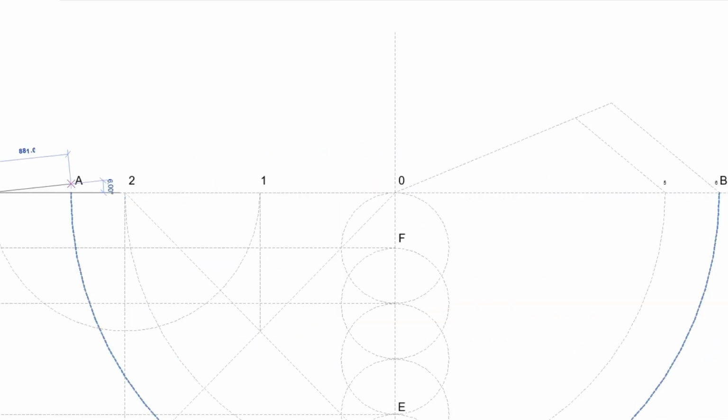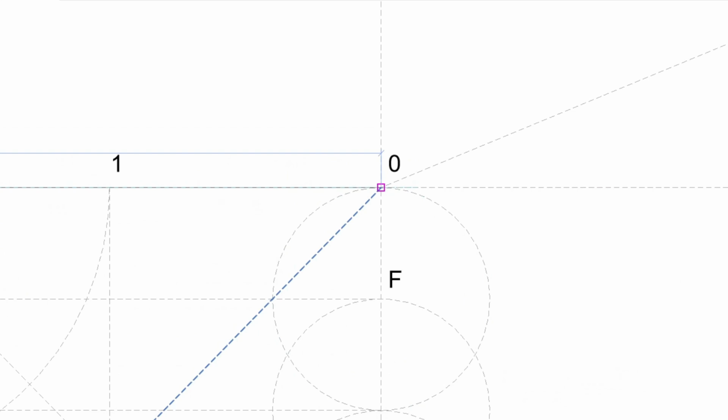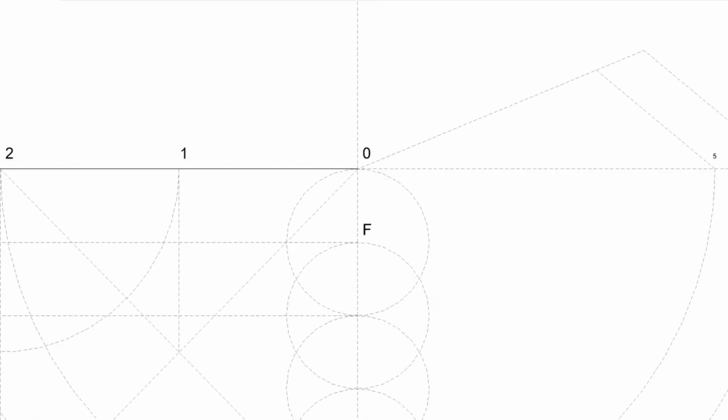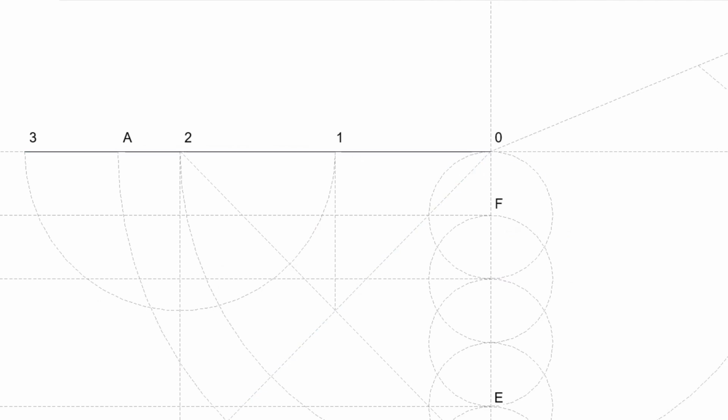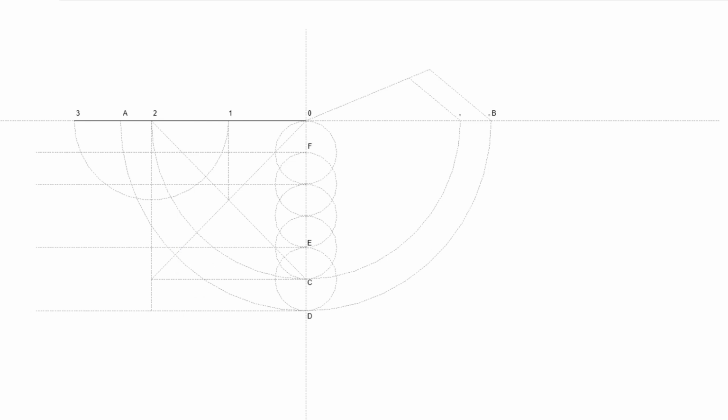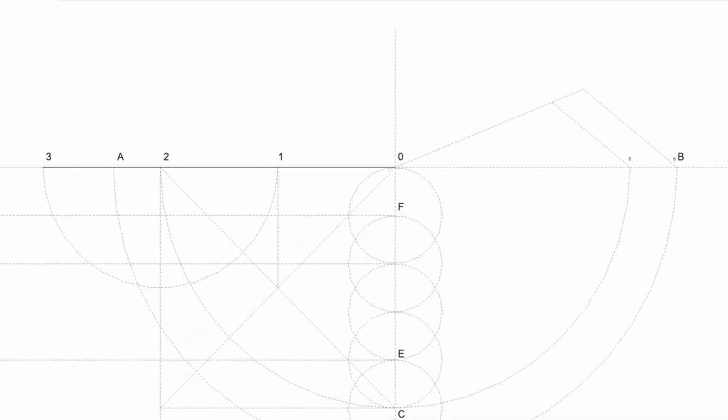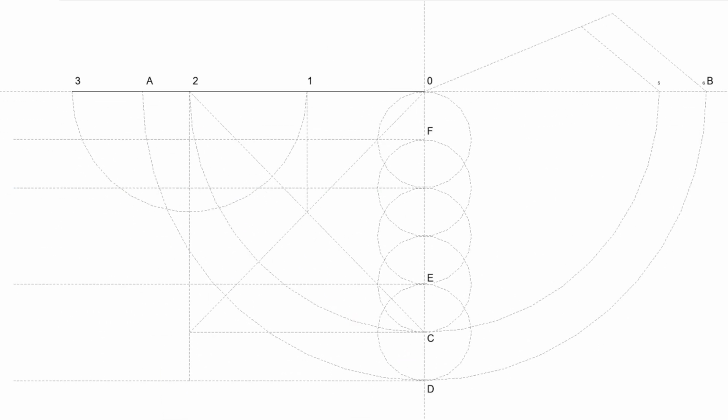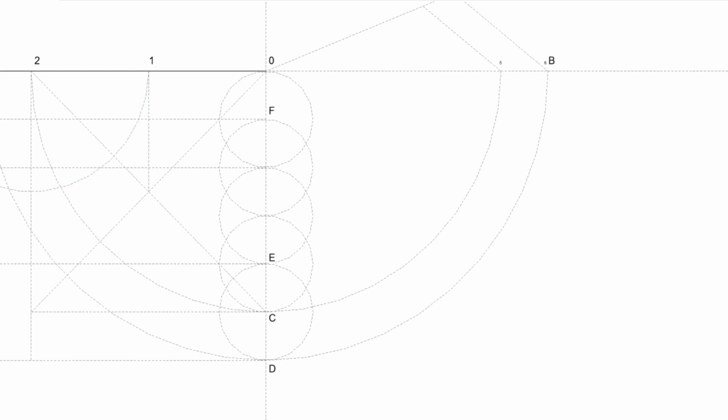So at this point, I'm going to highlight this line with a dark line. I'm going to draw a line from point 3 to point 0. That's the distance from the edge of the abacus to the center. I'm just going to draw on this half of the drawing and then I'll duplicate it.